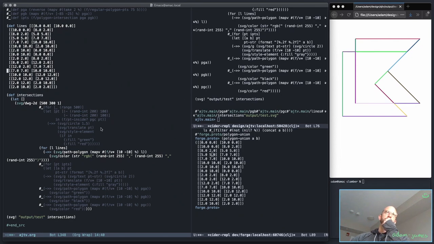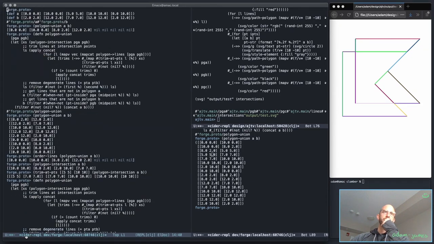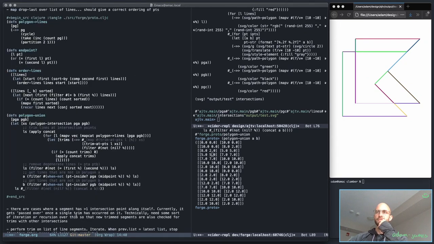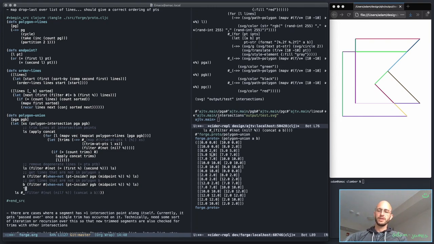Let me try to build that out as a little predicate here and see if that makes any sense at all. Okay, I'm gonna go here and try to build out that little bit of logic.